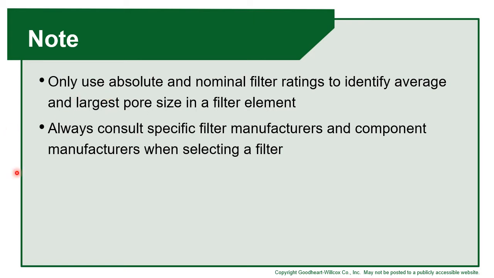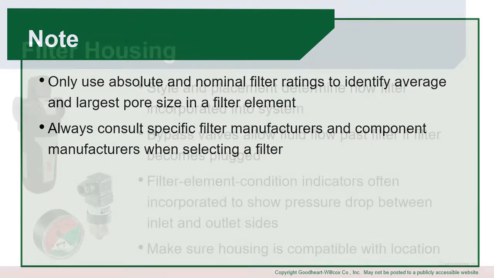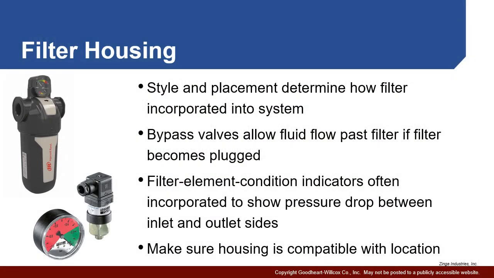I should also point out that for most hydraulic systems, they have more than one filter in their system. So pretty much all of them will have a strainer and a separate filter, and they may have even more than that. Generally, when we see a filter in a hydraulic system, we're actually seeing the filter housing. For example, there's one shown right here.